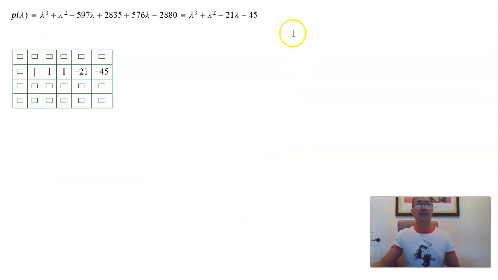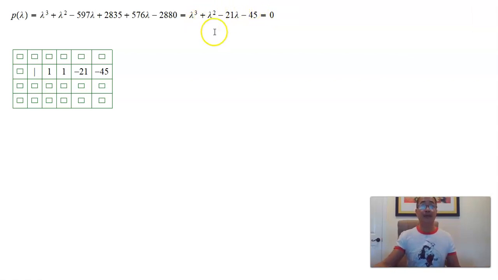All right, so at this point, we have P of lambda, and now we want to solve for the eigenvalues, and that means set that equal to 0 and find the roots. As I mentioned, if you had a graphing calculator or a computer, you could ask it to factor for you. That would be the simplest way.